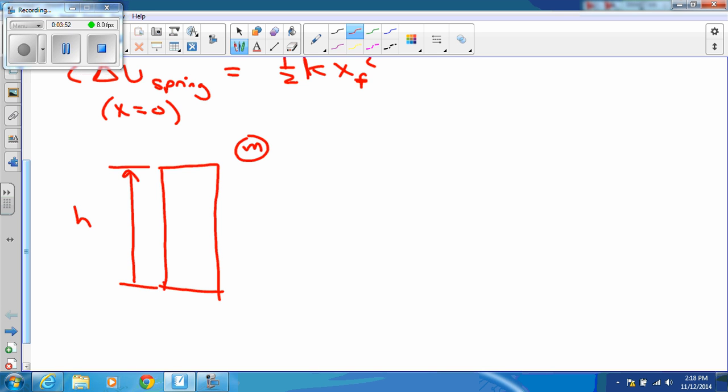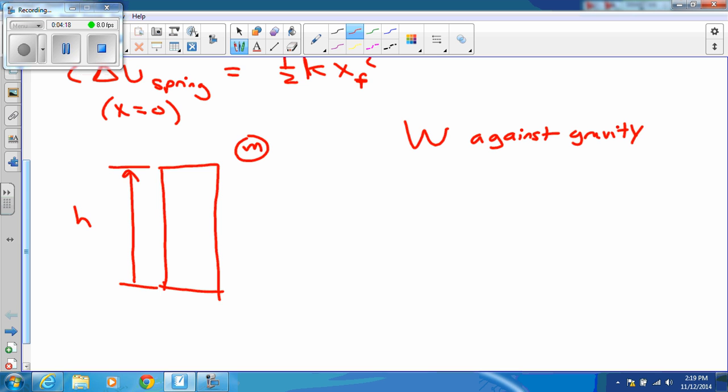To get to that height, somebody had to carry it, and for that carry, that somebody did work against gravity equal to mg times the change in height.